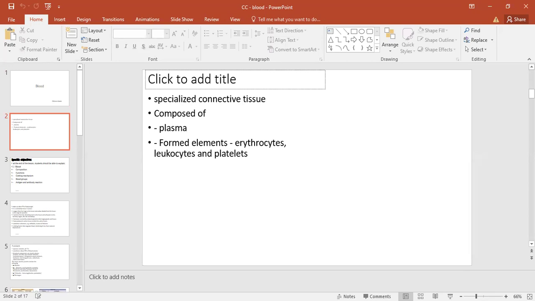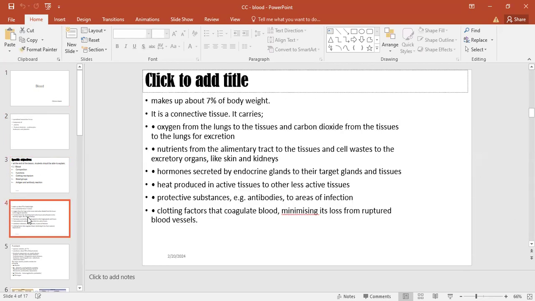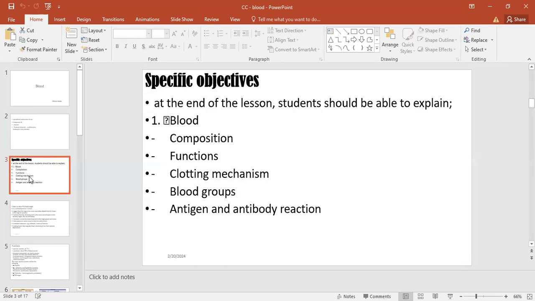It is composed of plasma and formed elements. Some of the formed elements include the three blood cells: the erythrocytes, the leukocytes, and the platelets.